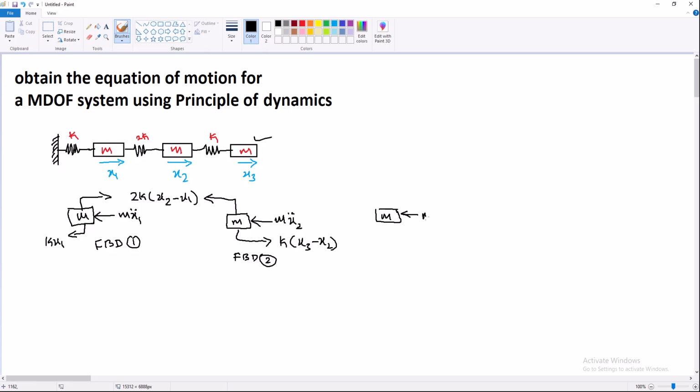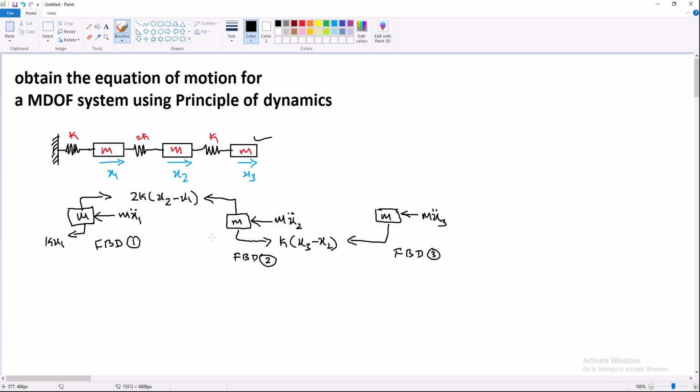Here I get the acceleration term m x3 double dot, and in this direction a similar force k times (x3 minus x2). This is the free body diagram of the third mass.